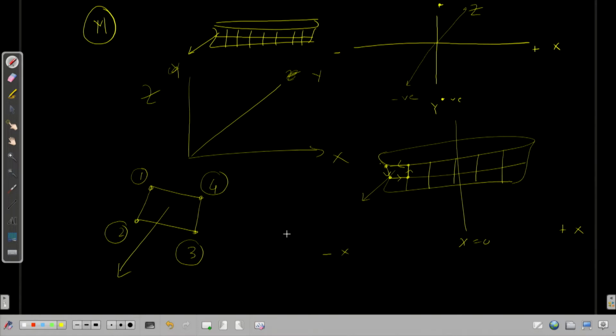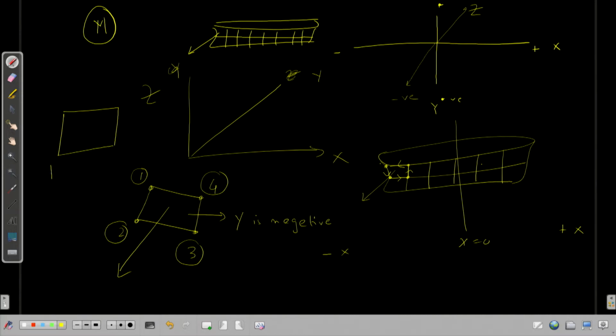Now, on the other side, this is the side where y is negative. Now, suppose where y is positive, that means the other side of the vessel, how can I orient the numbers 1, 2, 3, 4? In that case you have to go clockwise.